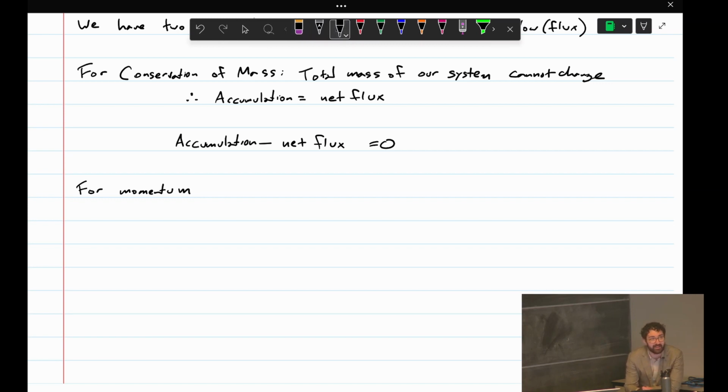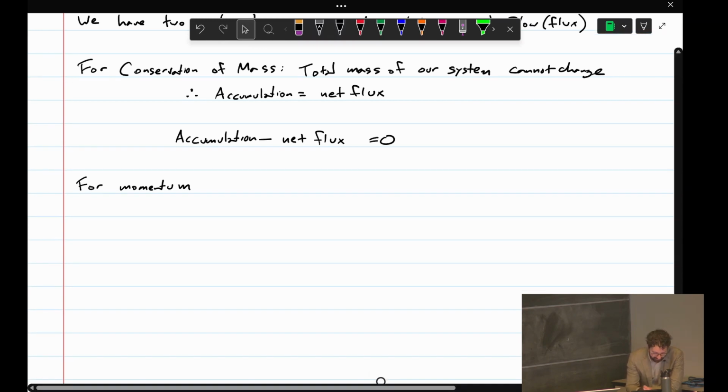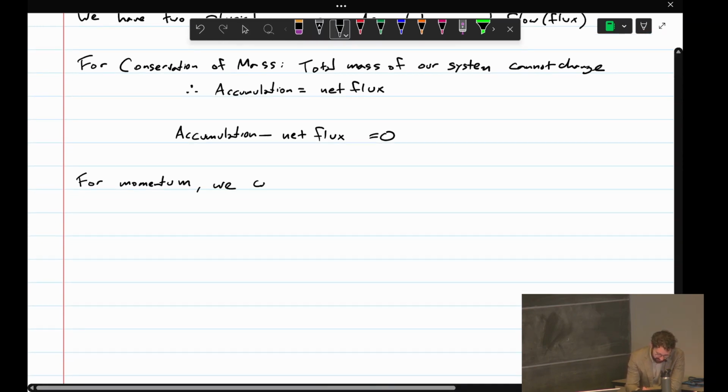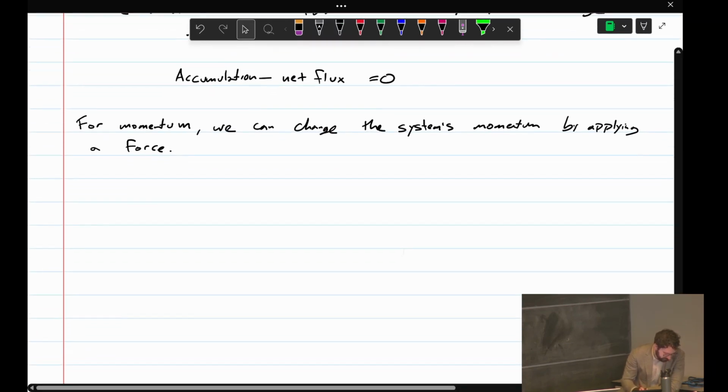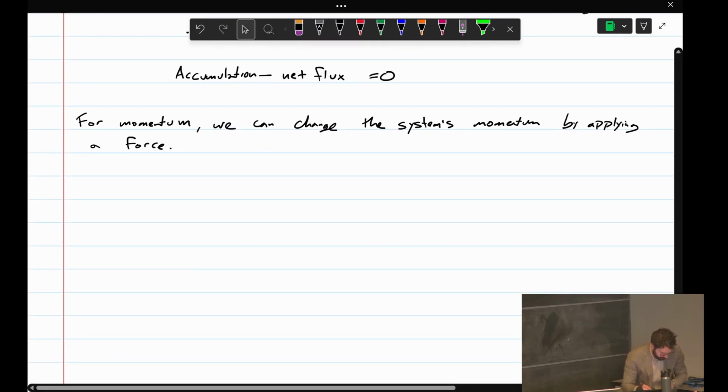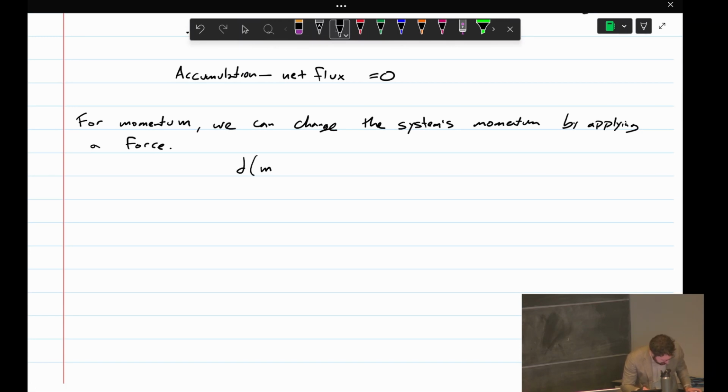There's no way to apply a mass to something to change mass without affecting mass conservation. But for momentum, we can change the system's momentum by applying a force. So Newton's second law is really about momentum.